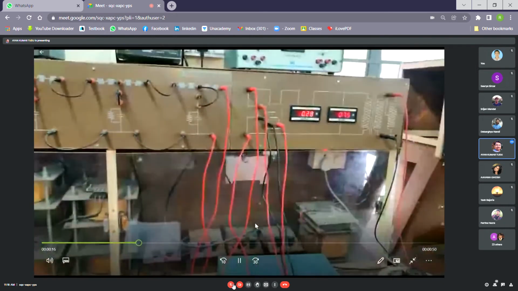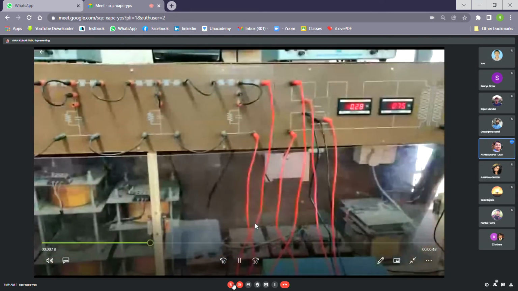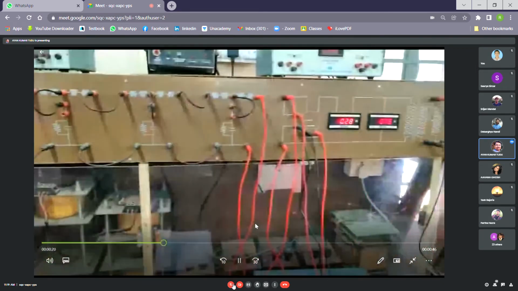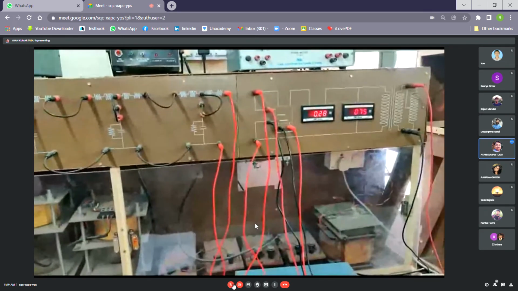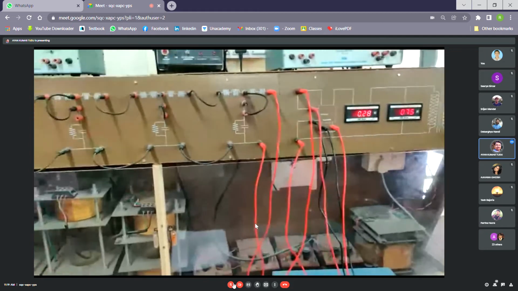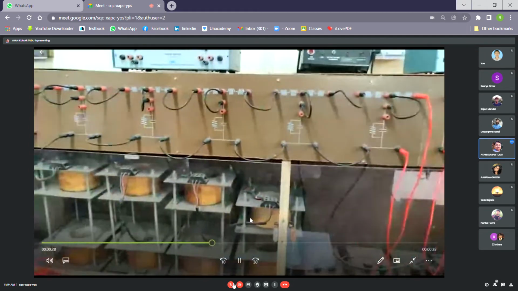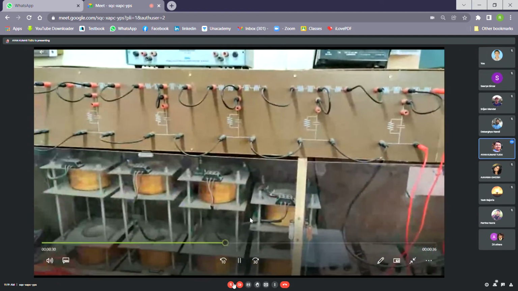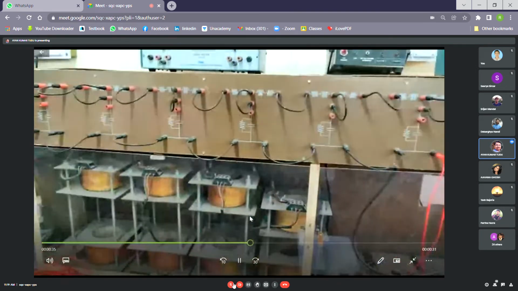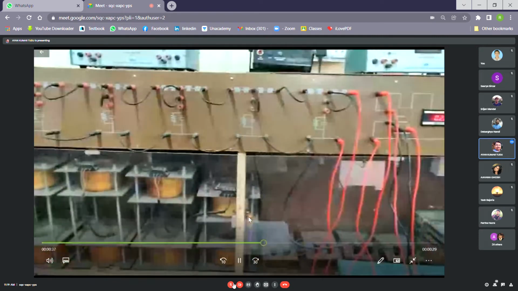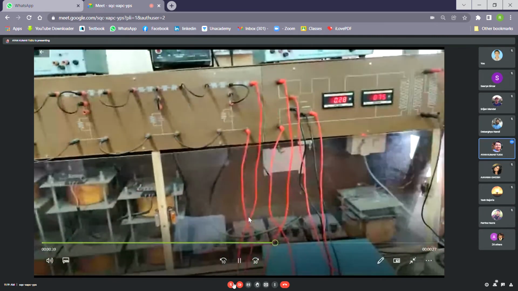As you can see, these are the panel meters which show the voltage and the current that is flowing through this transmission line. These are all the inductors and the capacitors that are present here. All can be seen from this small video.